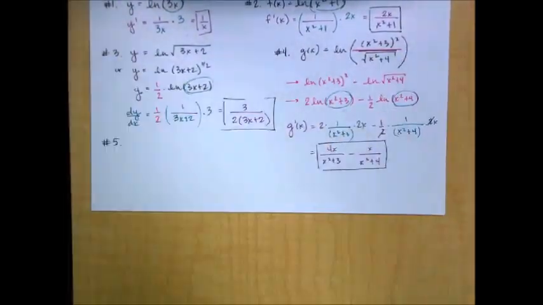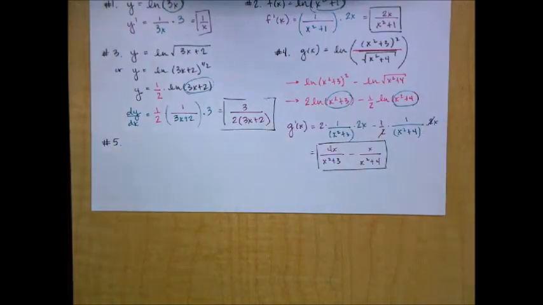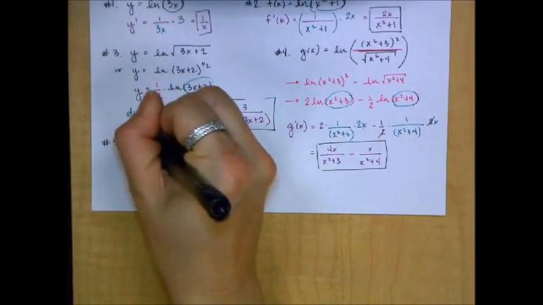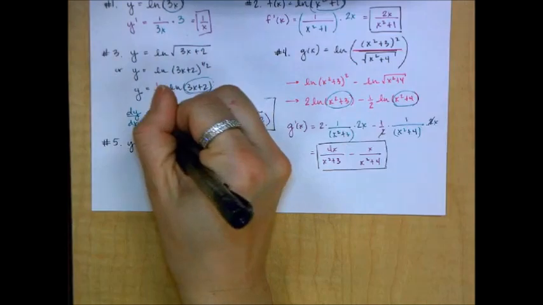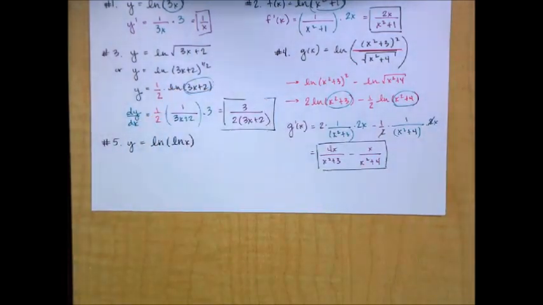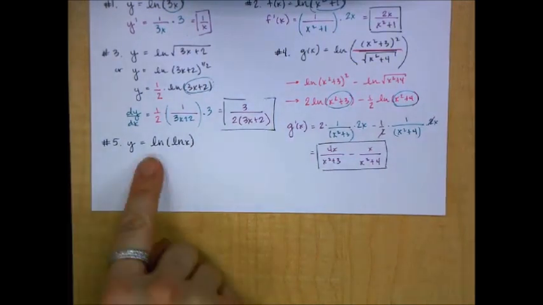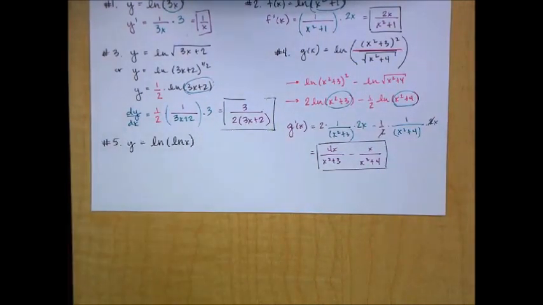y is equal to the natural log of ln x. So this looks a little bit weird, but focus on the outside: the natural log has something inside of it. So this is our u term, just like in our formula here.